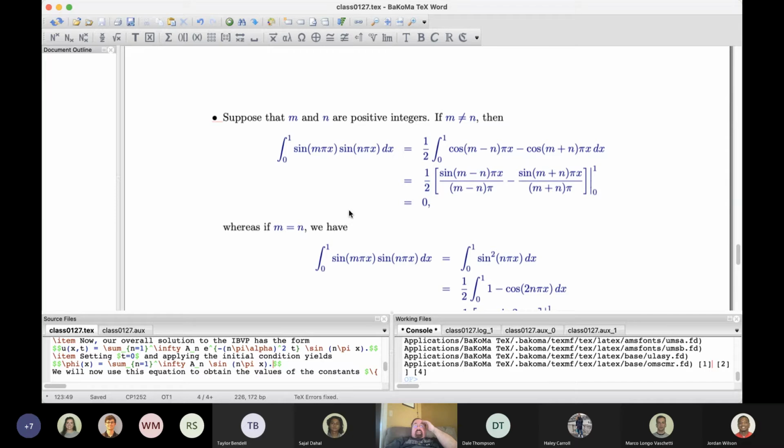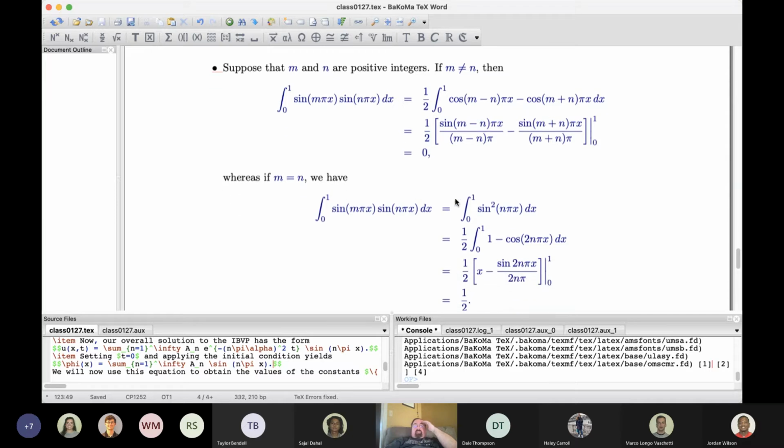What if m is equal to n? Then I have the integral of sine squared n pi x. What I could do here is use a half angle identity. Yep, you've got to dust off your knowledge of trig identities. We can write it this way, and now it's in a form that we can integrate. So we go ahead and carry out the integration.